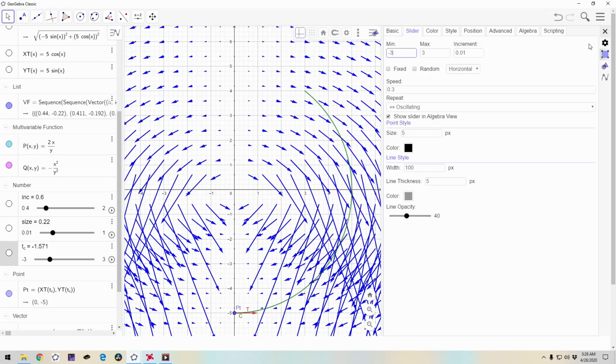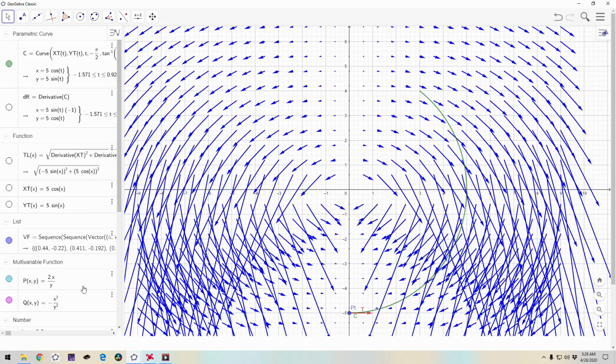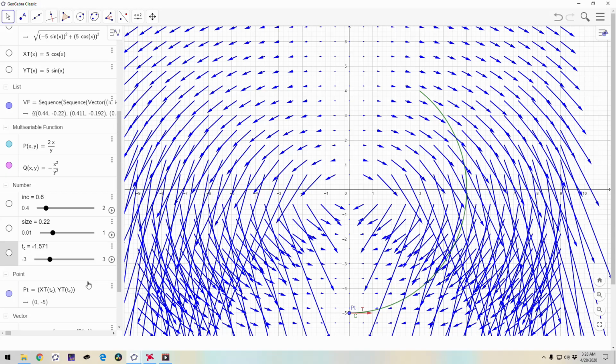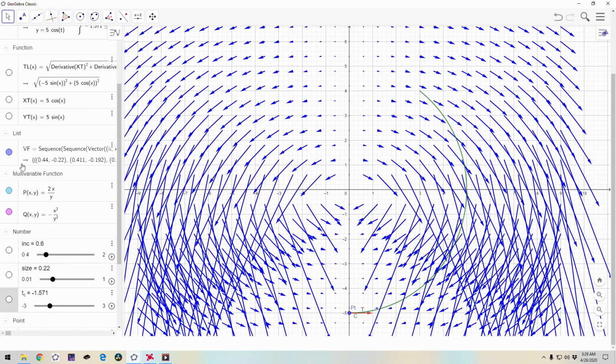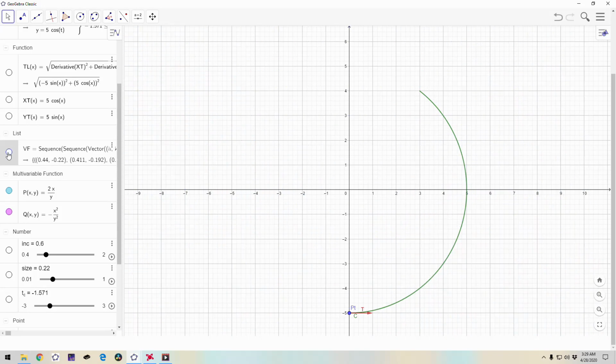There we go, that's better. Okay. So let's turn off the vector field for just a second so that you can see the curve that we're going to be using now.